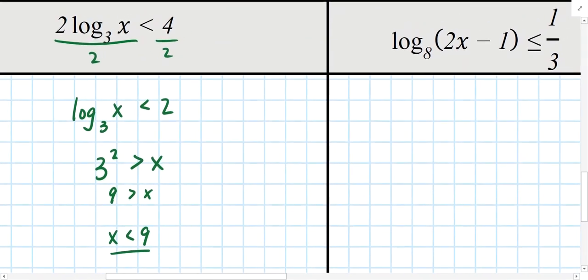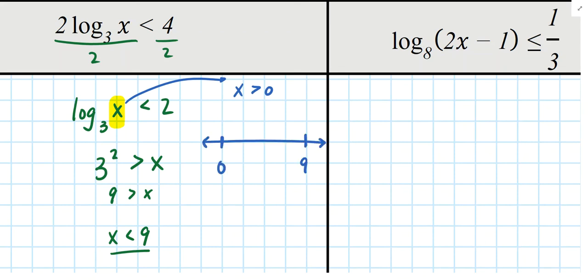Before we commit to this as a final answer, please confirm that these numbers ensure the argument of the logarithm is positive. By considering a number line, we see the only numbers that are greater than 0 and less than 9 satisfy the solution and keep the argument of the logarithm positive.